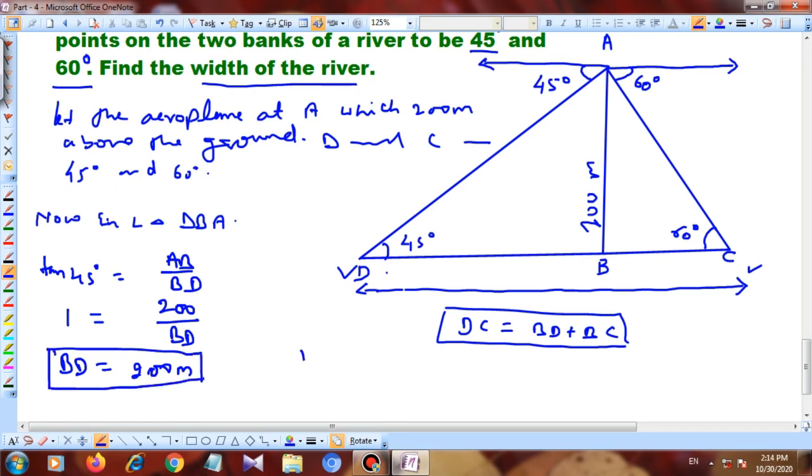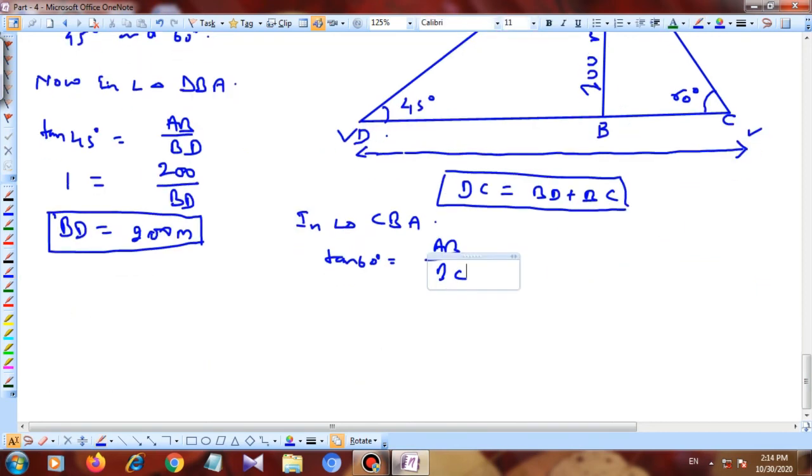Now in right angle triangle CBA, here tan 60 equal to AB upon BC. So value of tan 60 is root 3.